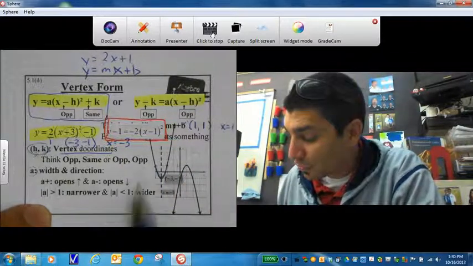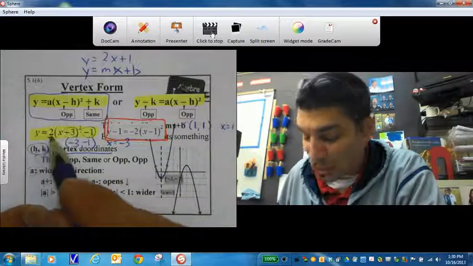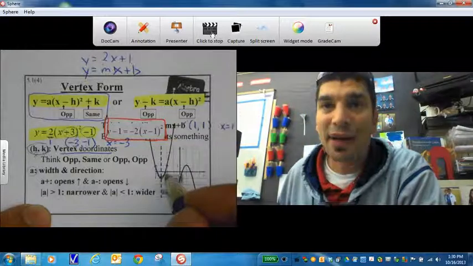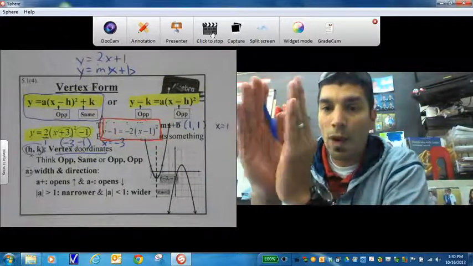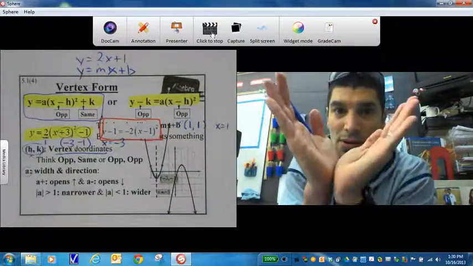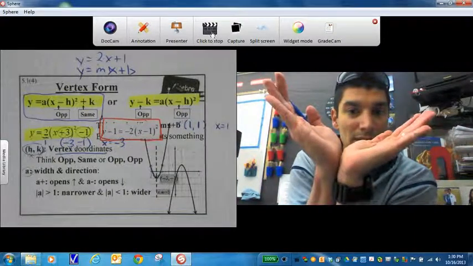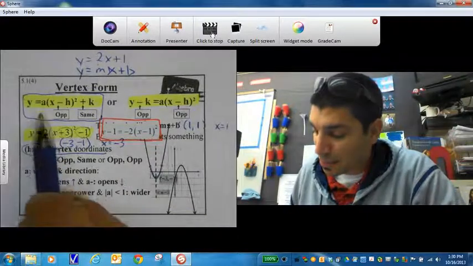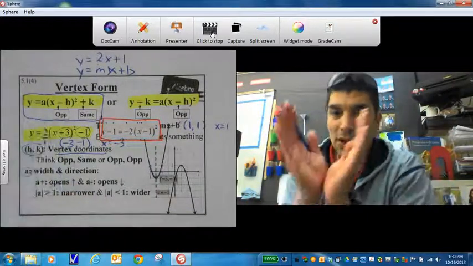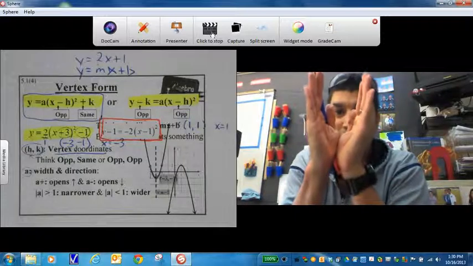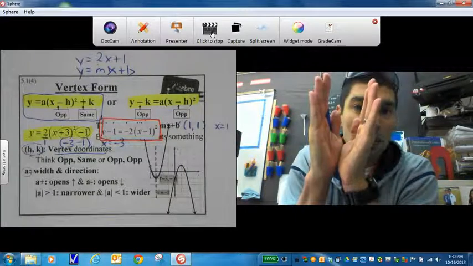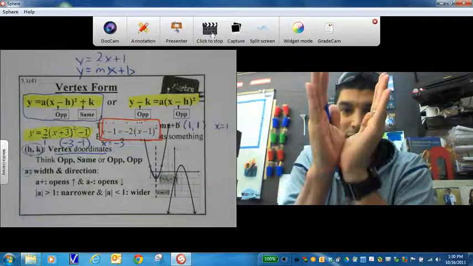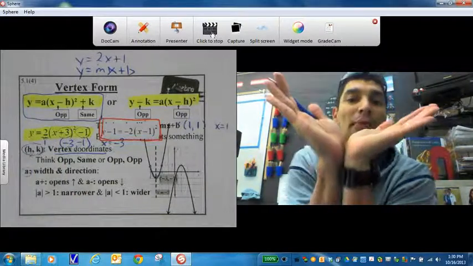Which also means that if this number was a fraction, if it was 1/2, I'd go to the right 1 and up 1/2, and that would create a wider parabola, not a narrow parabola. The bigger this number is, the more your parabola is going to be narrow. The smaller this number is, less than 1, the wider your parabola will be.